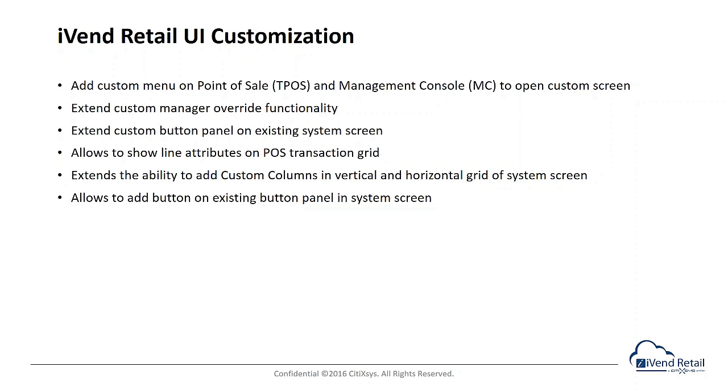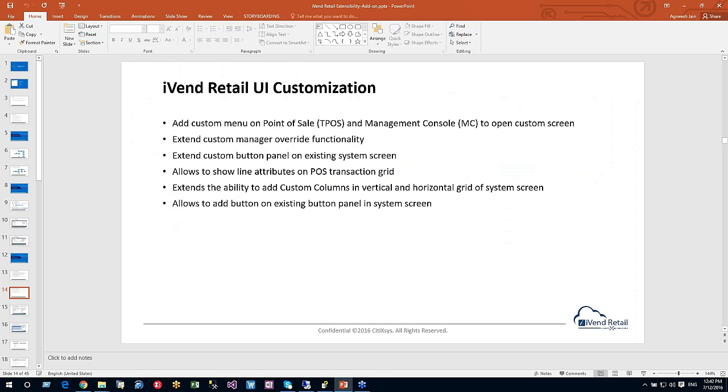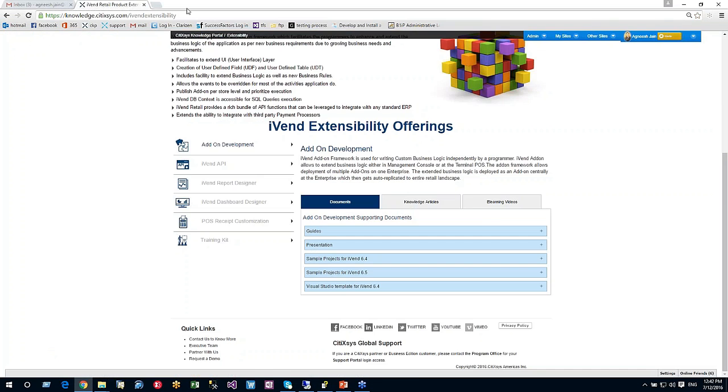So now the point is, these are so many things you can do with UI customization for iVend POS. Just to let you know, we have tried our best to give you all possible samples for whatever I have just spoken about. What you need to do is be a registered user in the Knowledge Portal.